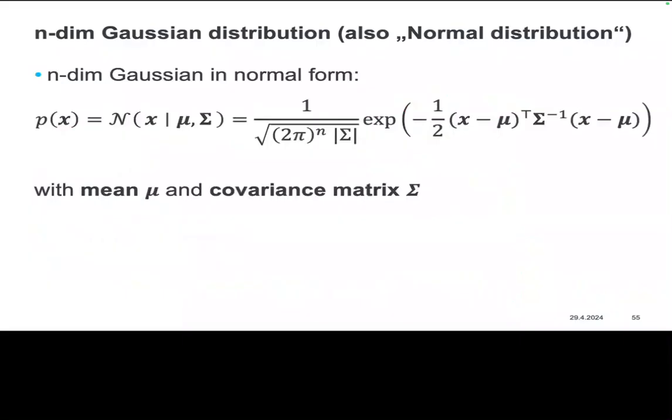We can generalize that to an n-dimensional Gaussian distribution, which is also called a normal distribution. And this looks almost the same, only that this time these x's and these mu's are vectors. And rather than directly having a square, the square is realized by taking the difference between them, one transposed and one untransposed.